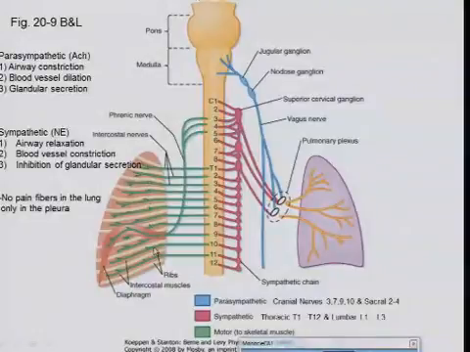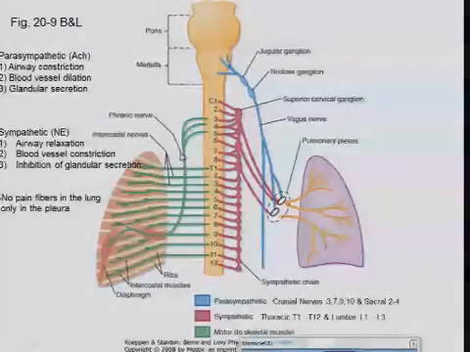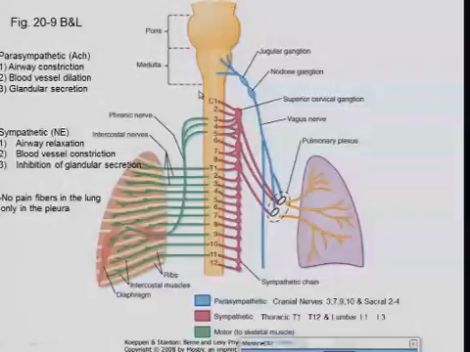Now, if we have a spinal injury, make sure you understand that depending on where that spinal injury occurs, what effect is that going to have on our ability to inspire? Remember, expiration is passive for the most part. We don't have to worry about that. But as far as inspiration goes, anybody who has a very high spinal injury, say C1 or C2, what's going to happen to their ability to breathe?